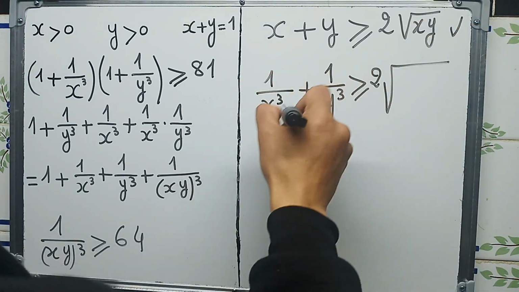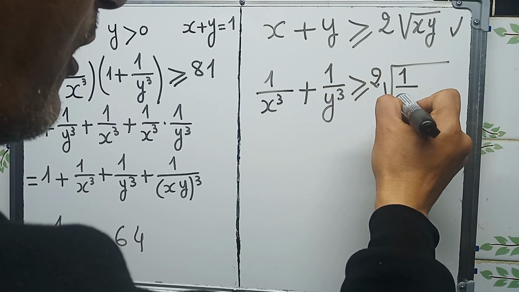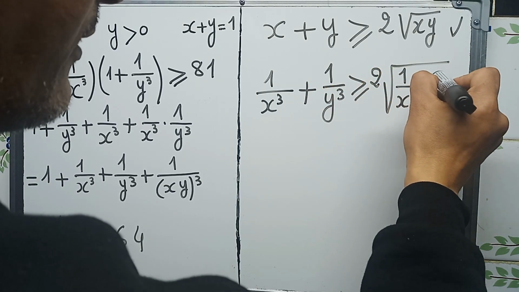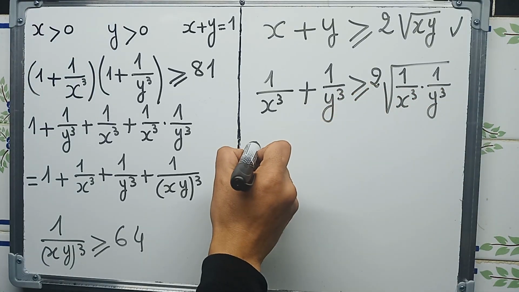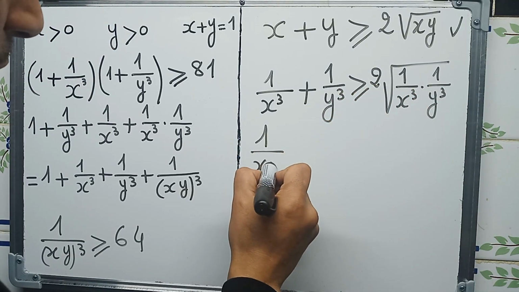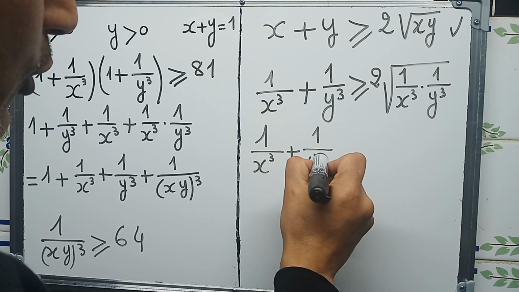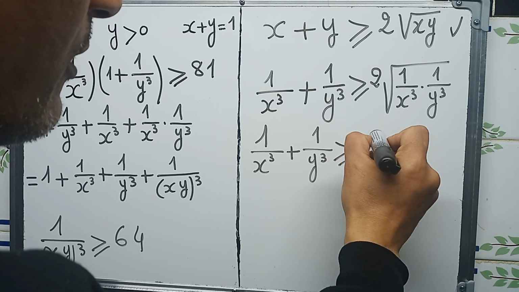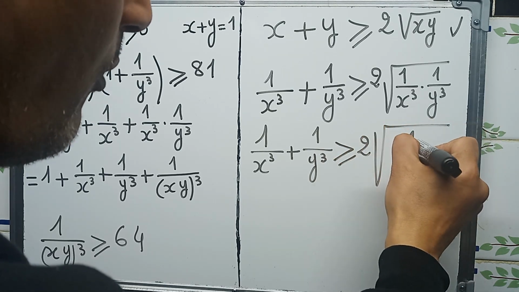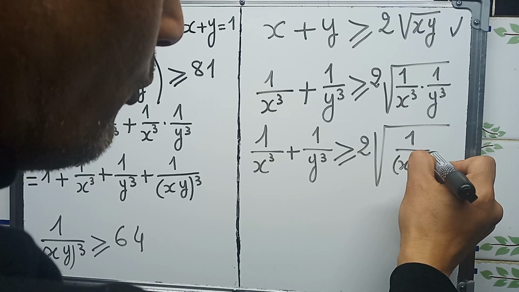Our x is this one and our y is this one, so 1 over x cubed times 1 over y cubed. And this means 1 over x cubed plus 1 over y cubed is greater than or equal to 2 square root of 1 over (xy) cubed.